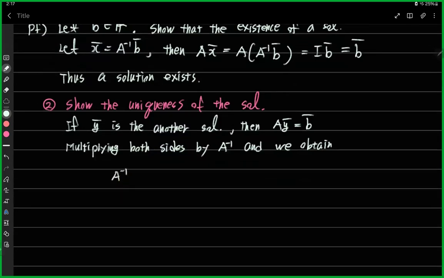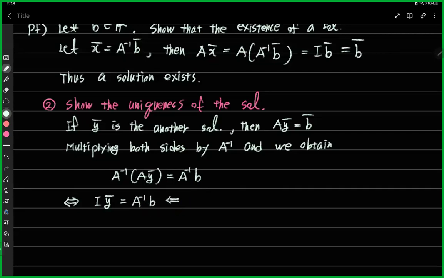A inverse times A Y bar on the left-hand side, and the right-hand side is A inverse B bar. This is if and only if equivalent to I Y bar. Why? Because A inverse times A is the identity matrix. That's the definition of the inverse matrix, right? So we get I Y bar on the left-hand side, and A inverse B bar on the right-hand side.